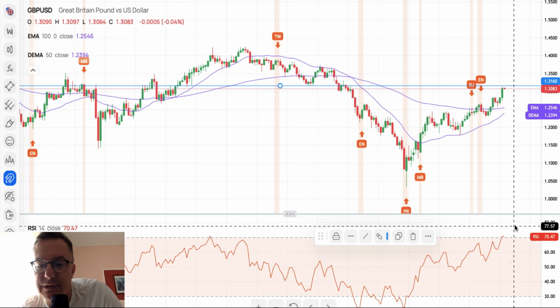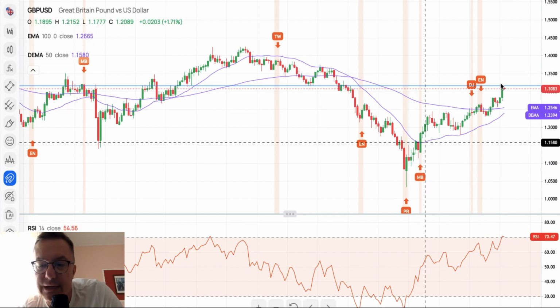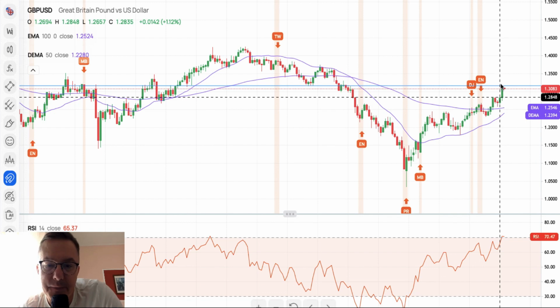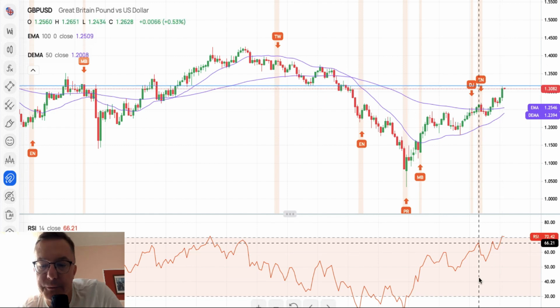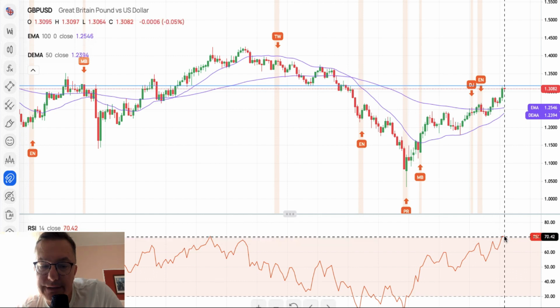If there is a breakout higher, then of course we will see this on the chart, and then we will confirm this movement to the upside is not a correction. It is another trend forming on the British pound. What is peculiar with this situation is the RSI on the weekly, which hits extremely overbought conditions.